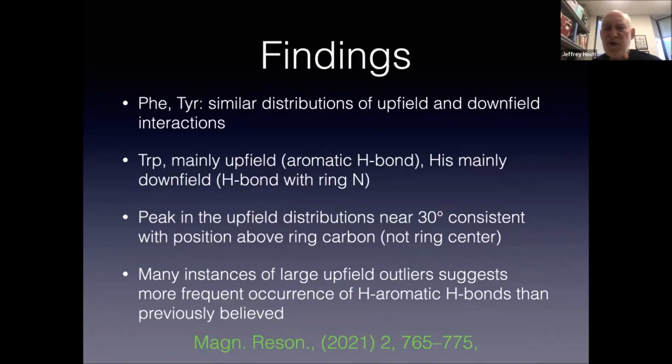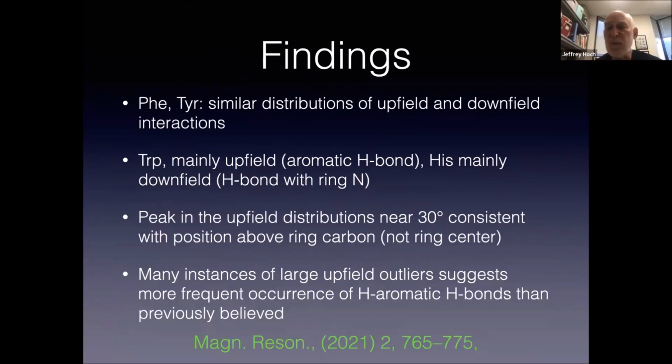The peak in the upfield distribution near 30 degrees that we saw in the azimuthal angle, again, is consistent with the NHs being positioned, if they're involved in a hydrogen bond, directly above the p pi orbitals of the aromatic ring rather than above the center of the aromatic ring.